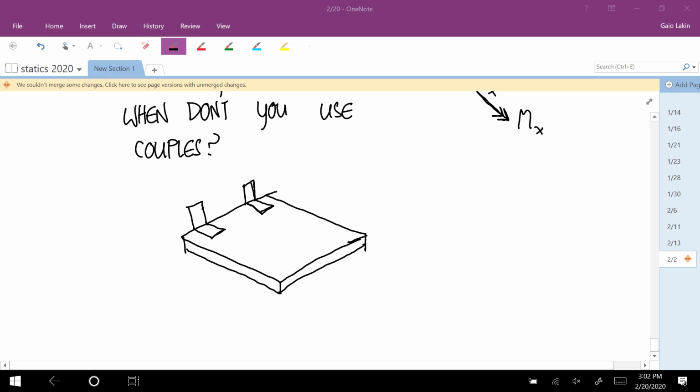Okay, so these are two pins, two pin joints with the same axis.